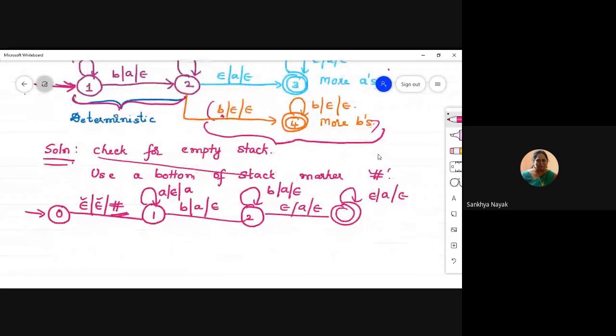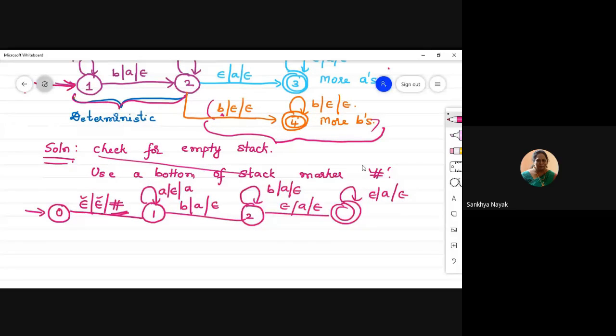Let us say here, when B is there and in the stack A is there, you wrote epsilon, right? But if you have B still and hash is there in the stack, that means we have exhausted the A's, we still have B's but the stack is over. In which case we are now forcing that this should not be taken as one of the paths along with this. Now it has become deterministic.